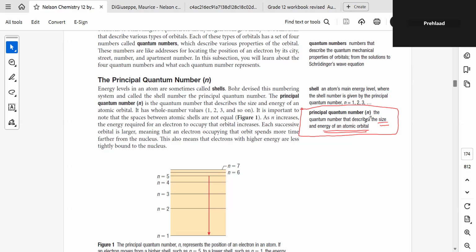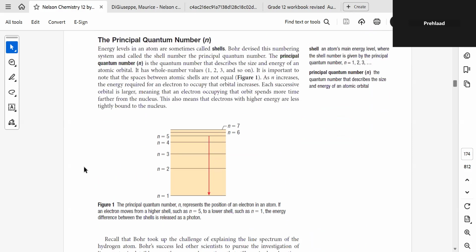So it is also referred to as shell, right? Yes. So the principal quantum number represents the size and energy of the atomic orbital.